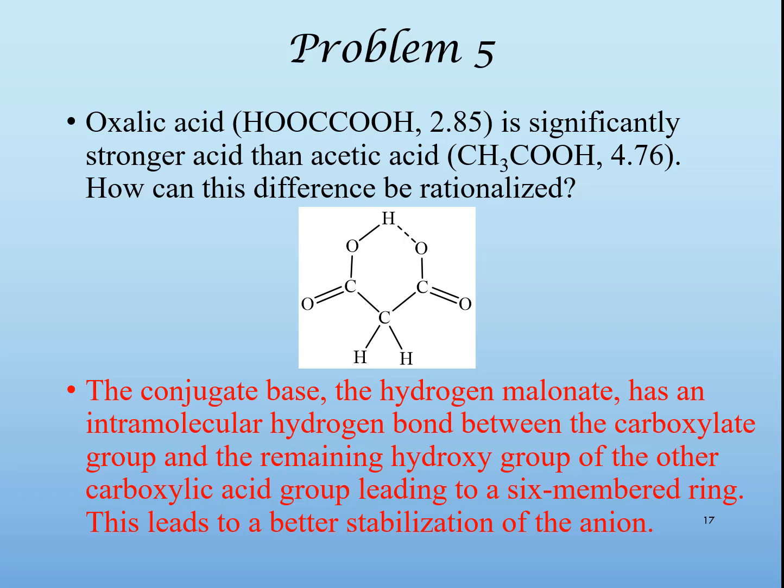Like in the case of phthalic acid and salicylic acid we discussed earlier, the intramolecular hydrogen bond helps to stabilize the negative charge of the carboxylate group on the right hand side in this diagram. We form a 6-membered ring which is relatively stable.